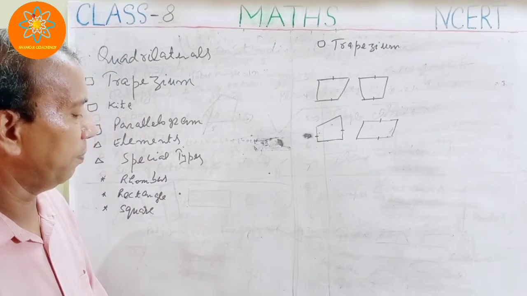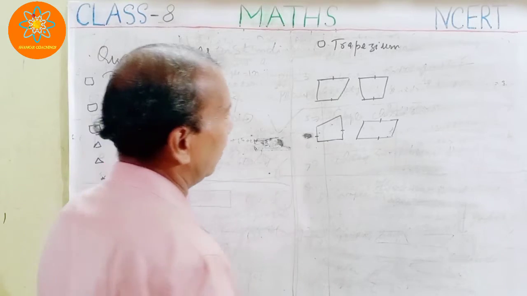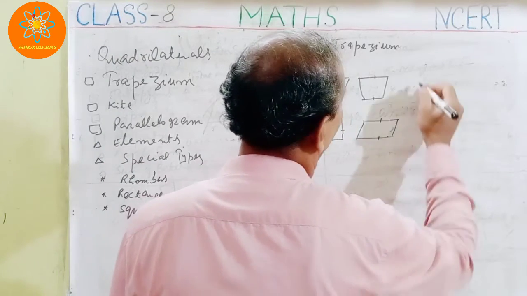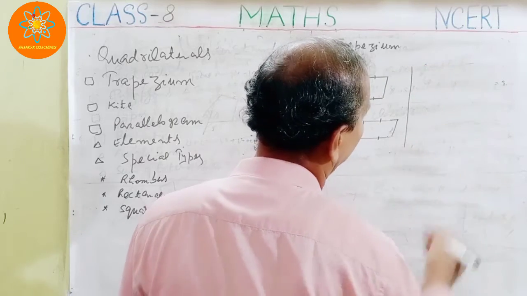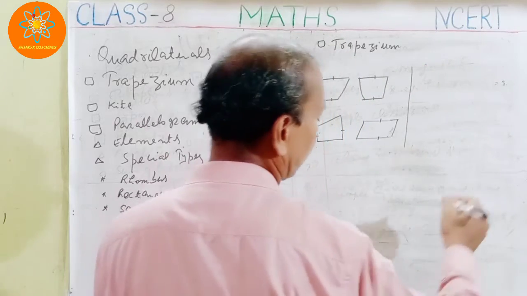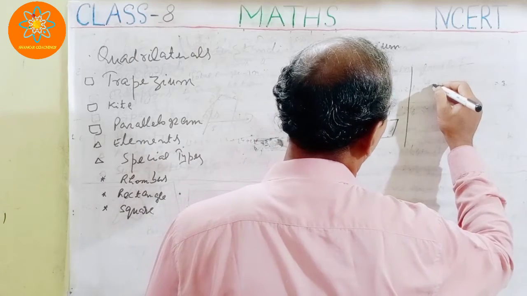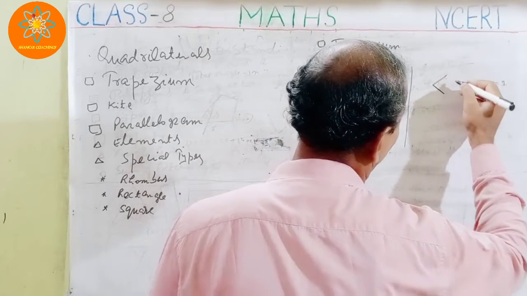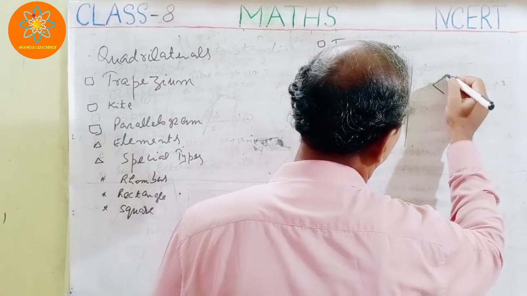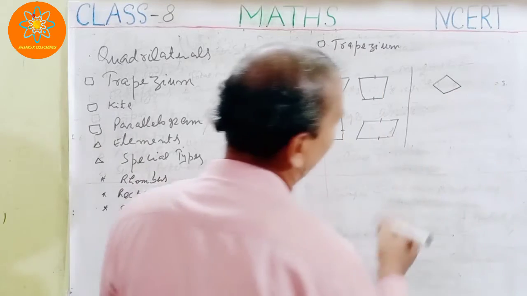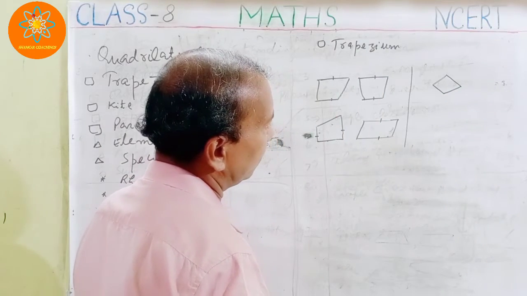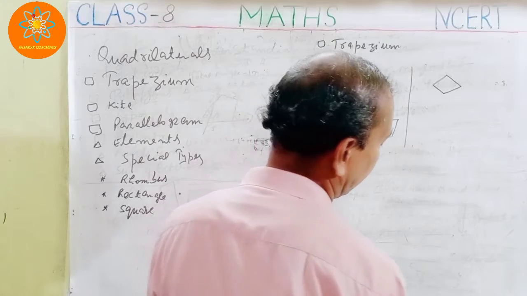So these are trapeziums. And in this part I will take not a trapezium. For example, let's suppose I am taking like this. This is not a trapezium.